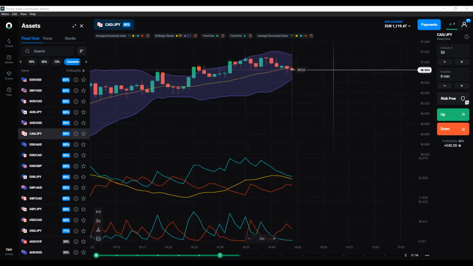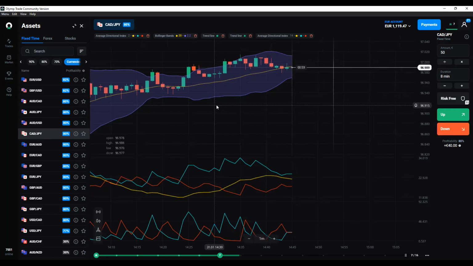Here is what I'm looking for while it's loading. We are choosing only up or down. Right now on Olim Trade, the payout is 40 since I entered 50 here. But with binary.com, they have dynamic payouts.